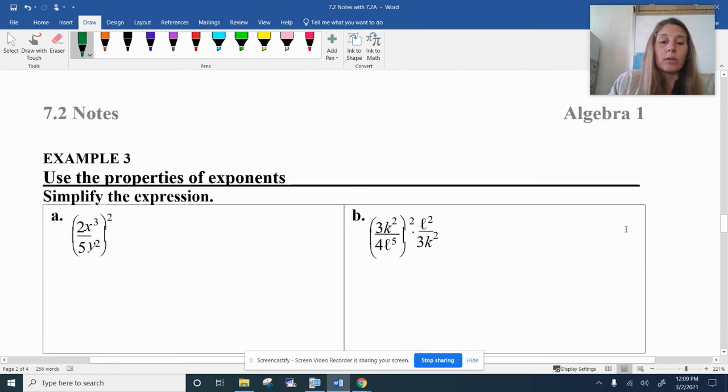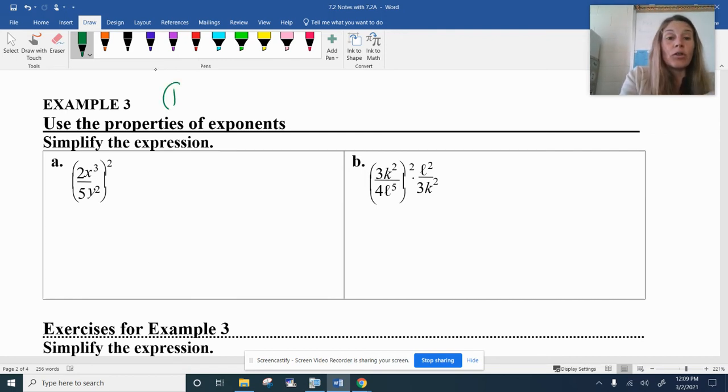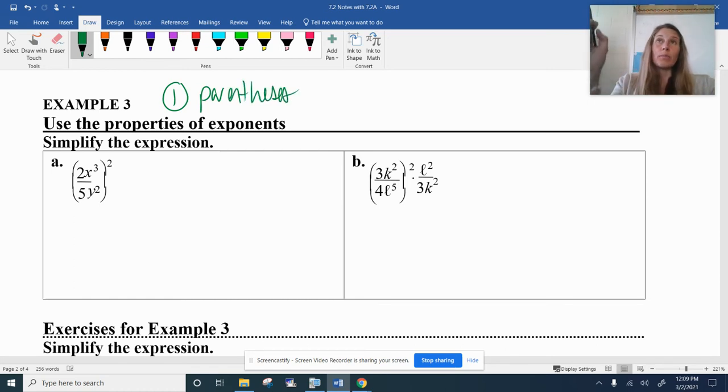Okay. So now you can also use these properties in conjunction with the ones we did yesterday with the product properties, and sometimes you can use them together. Now, generally speaking, when I do a multi-step problem with exponents, I try to get rid of parentheses first, doing what we just did, bringing each number and variable that exponent.